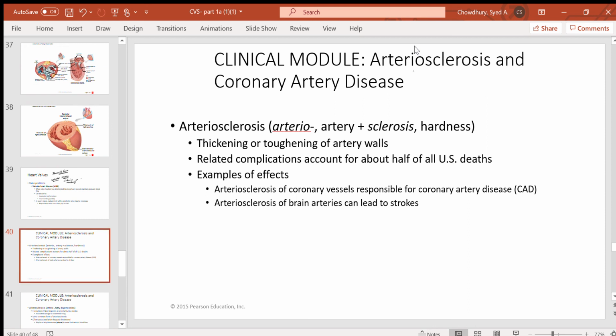Arterial sclerosis. It is a coronary artery disease. So let me just explain this quickly. This is the wall of your heart, and this is an artery that is supplying blood to this part of the wall of the heart. Now you see, if the artery gets blocked partially, not completely but partial block, so what will happen?